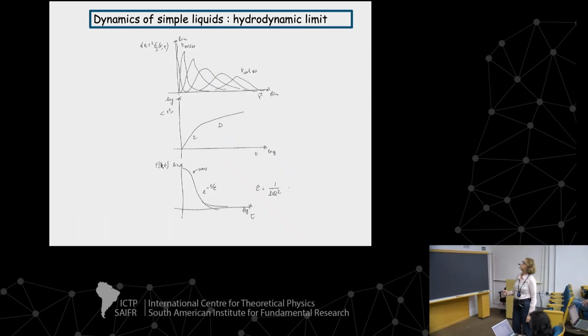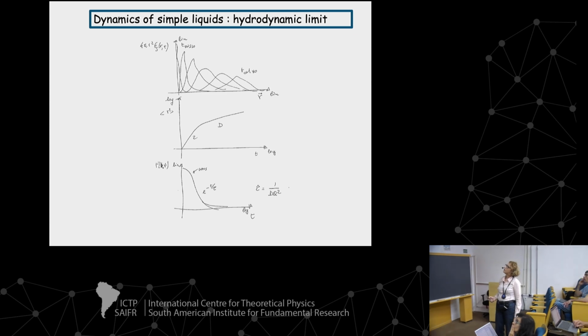Okay, so to recap what we learned so far: a simple liquid has the 4 pi r squared G_self as a function of time. Each of these curves is a function of r, and each curve corresponds to a time, and the time is growing when the function becomes larger. We saw that these are Gaussian.